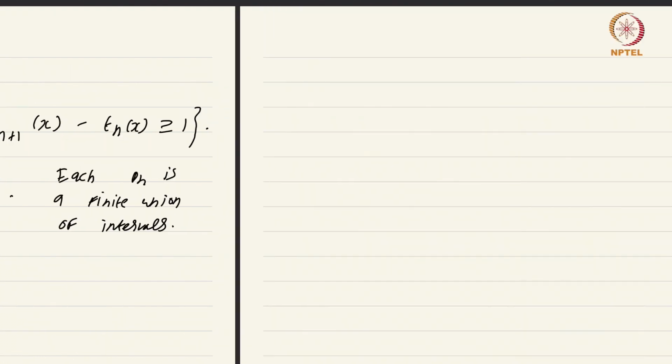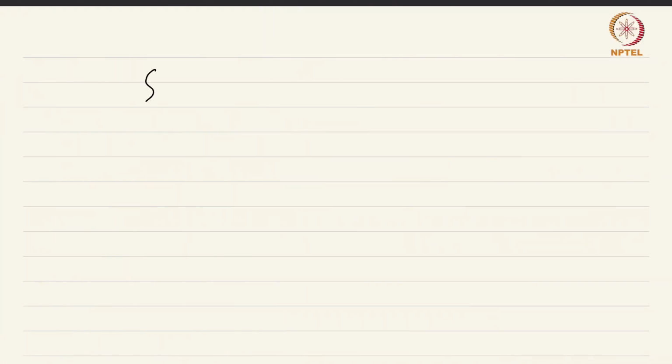Okay, now how do we find out the length of D_n? Well, observe the integral over I of T_{n+1} minus T_n. Well, what will this measure? This will be non-zero precisely at those places where there is a jump. Because the set D_n is a subset of I, we first have this obvious and trivial estimate.